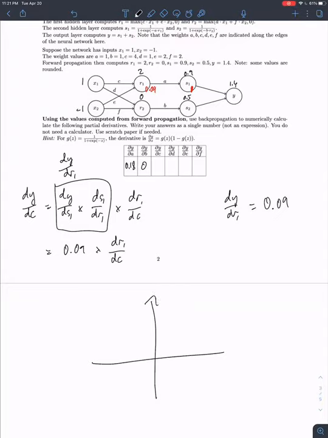Here's r1, and here is cx1 plus dx2. It's this kind of graph.